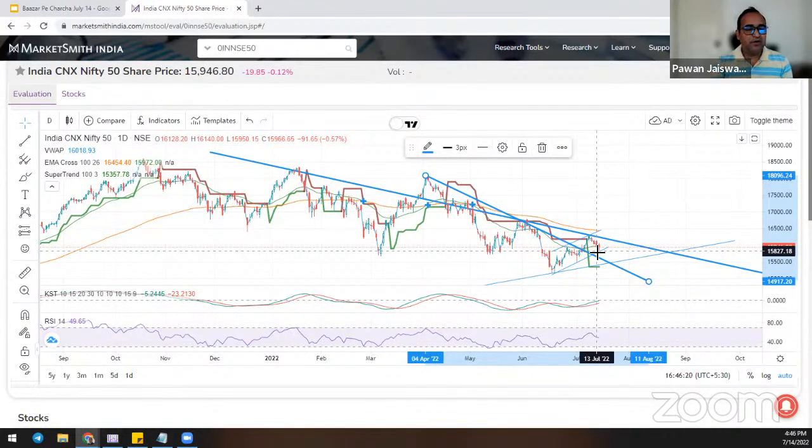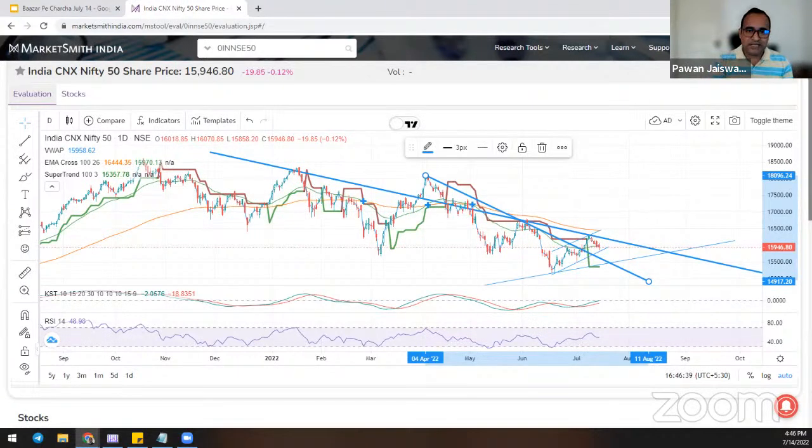either side breakout may lead this particular market in that direction. Suppose the market crosses 16,250, then I can say the next target would be 16,400, or most probably 16,700 to 16,800 levels may be achievable in the coming few weeks.